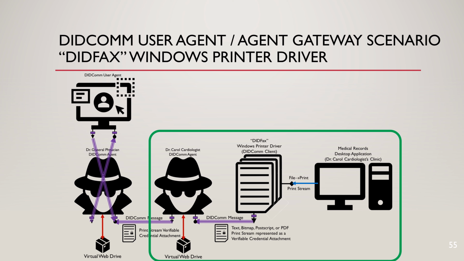It's going to encapsulate that print stream in a verifiable credential, attach it to a DIDComm message, and send it to Carol Cardiologist's DIDComm agent. So that's everything that's happening in the green box.